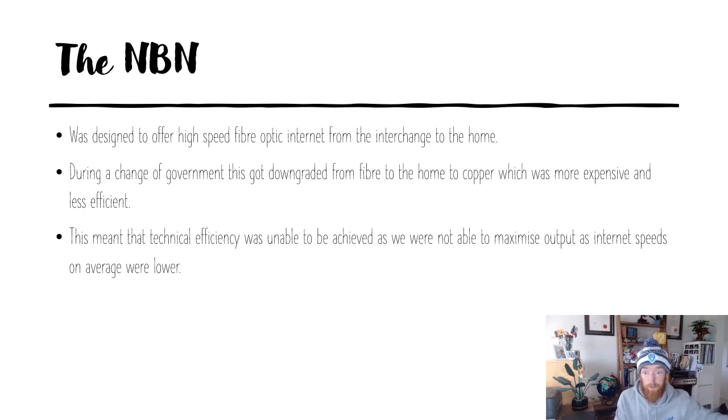However, during a change to a Liberal government, it got downgraded from fiber to the home to copper, which was both more expensive and information travels less efficiently across it. This means that technical efficiency wasn't able to be achieved because we had both higher costs and lower potential output, as average internet speeds were going to be lower for both households and businesses.